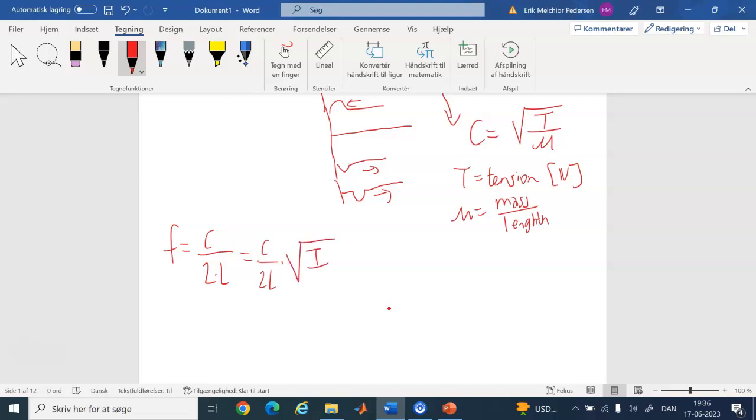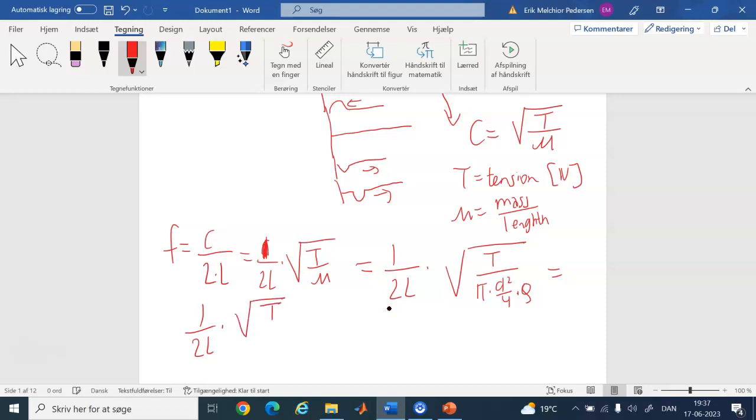It can be written as 1 over 2L times the square root of T divided by mu, where mu is the mass density per length, and this form comes up here.